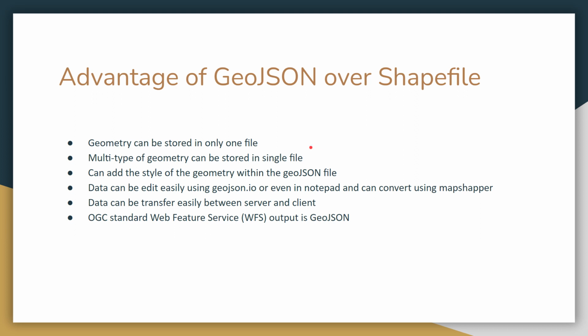GeoJSON can store multiple types of geometry in a single file. As I already mentioned, line, point, or polygon can be stored in the single file, but for a shapefile we can store only one type of geometry in one file.